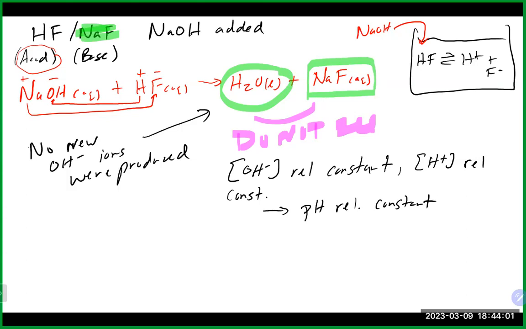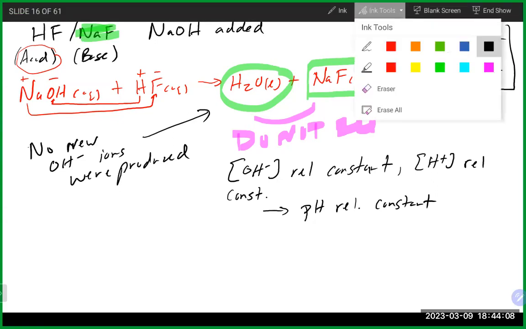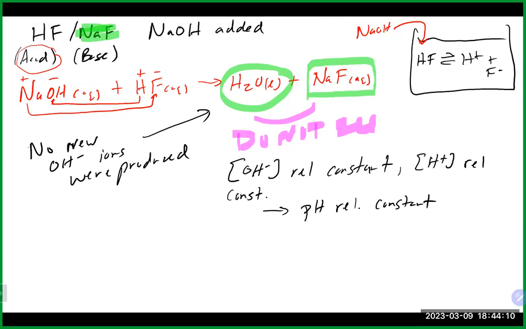Question on how a buffer works. So essentially, when you make a buffer, a lot of times what people try to do is make a buffer where you have pretty much good amounts of the acid part and the base part.